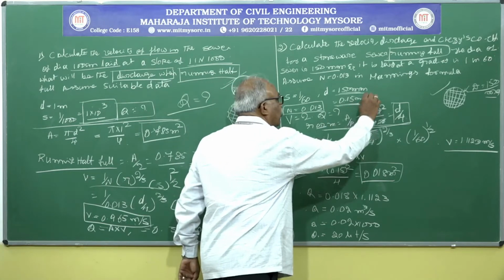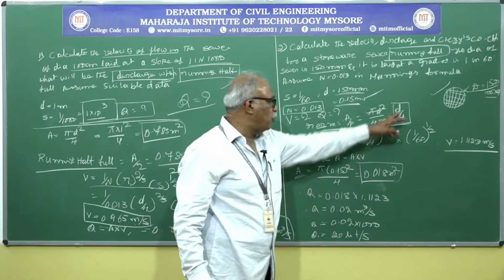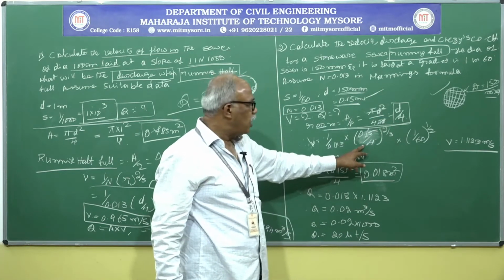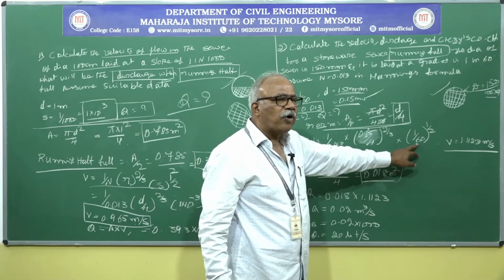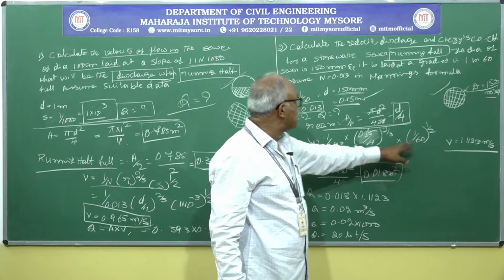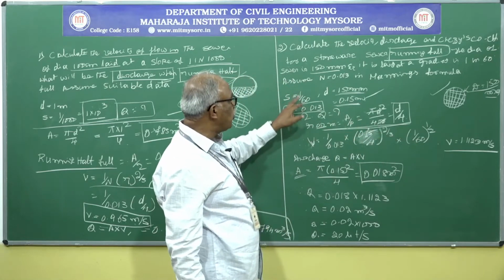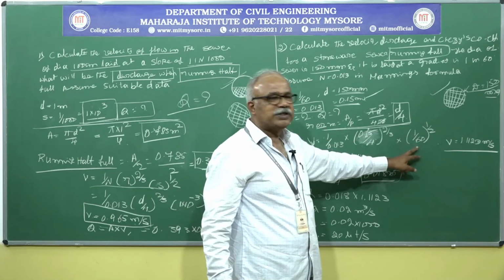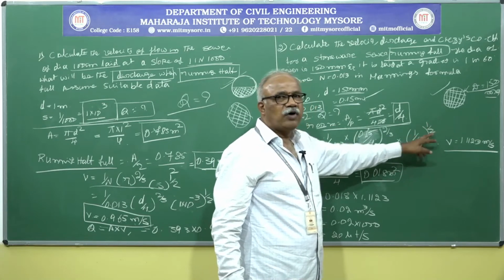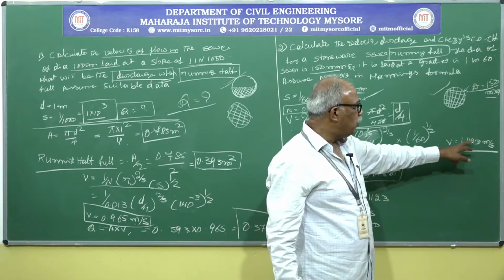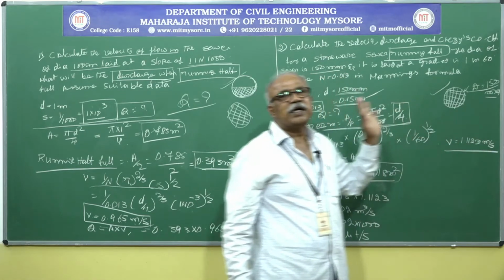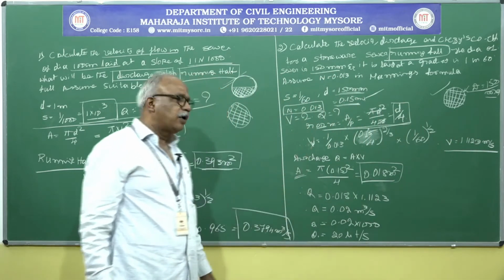I am substituting this value of d by 4, and multiplied by s to the power of half. The value of s given in the problem is 1 by 60. After calculating this, the velocity is 1.1123 meter per second. Are you clear?